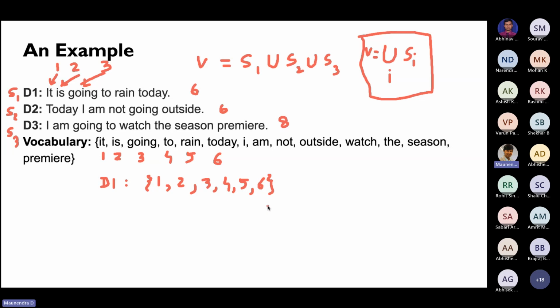Now, if you think of vectors, there are two things in a vector. One is the dimensions: how many dimensions does the vector have? And secondly, what is stored in that dimension? So if we want to represent each document as a vector, we need to see how many dimensions it has and what we will store in each of these dimensions.